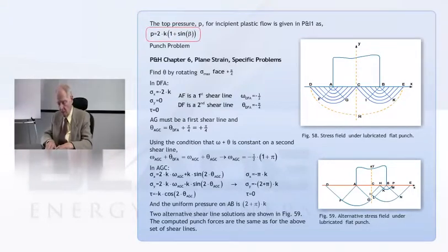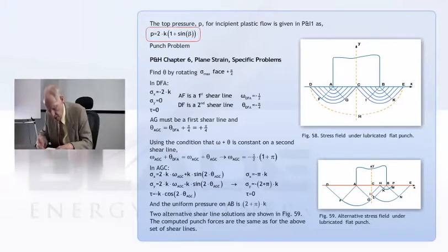And so let's see. On the boundary AD, of course, that's got no stress. And then the line AF is the boundary of that constant state region. That's a first shear line. And of course, then AG has to be a first shear line when you go through the centered fan.